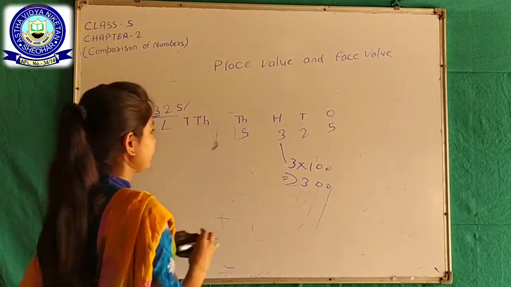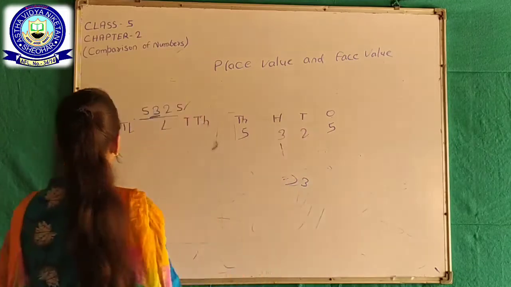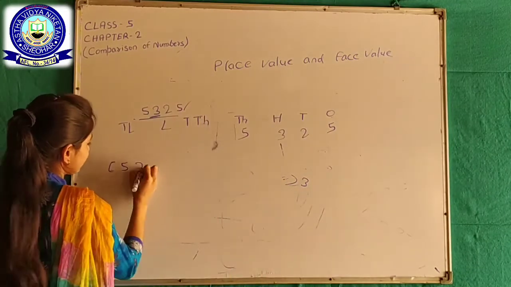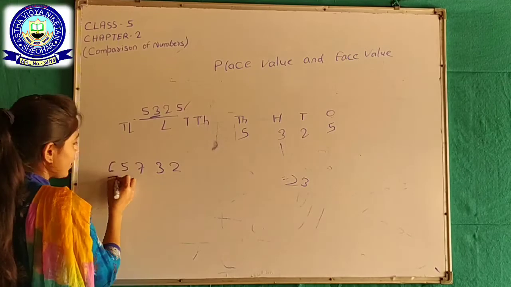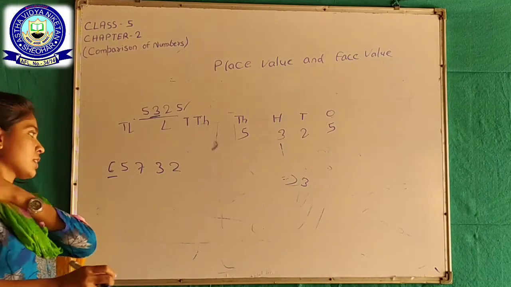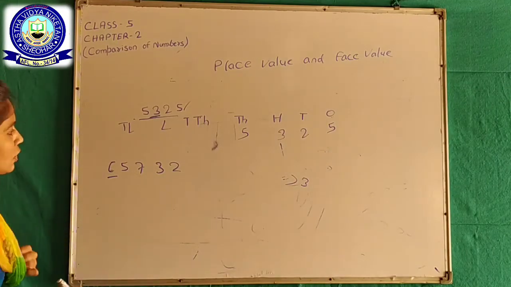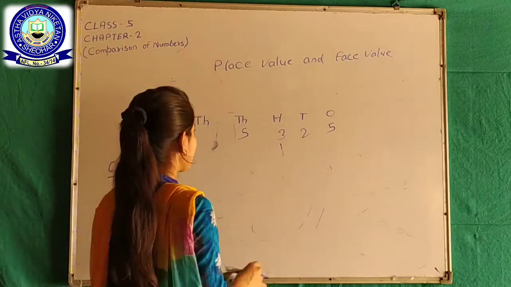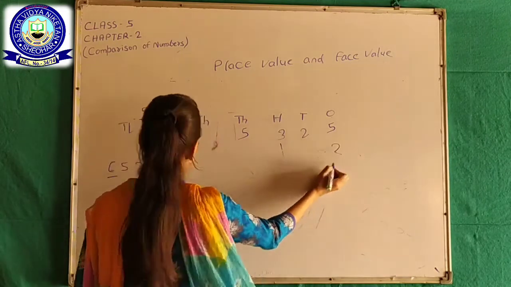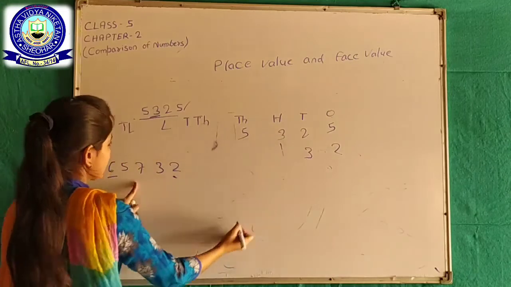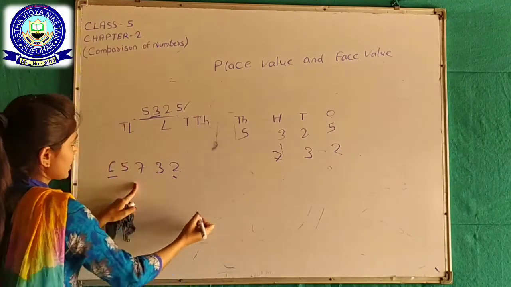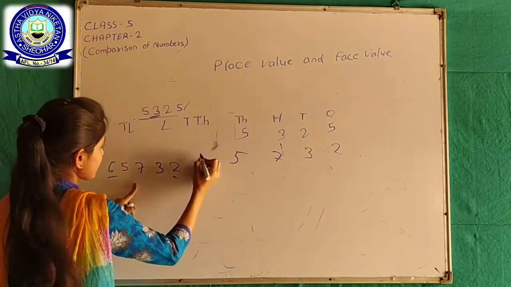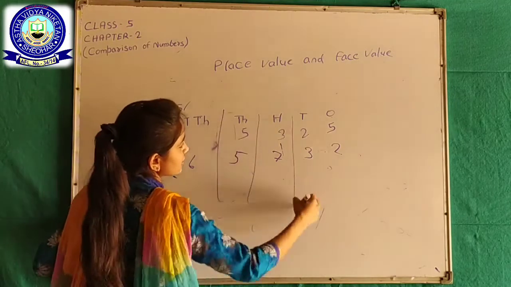Another example. You have to find out the place value of 6. First of all, you have to write the position of all digits. The position of 2 is ones, 3 is tens, 7 is hundreds, 5 is thousands, and 6 is ten thousands.